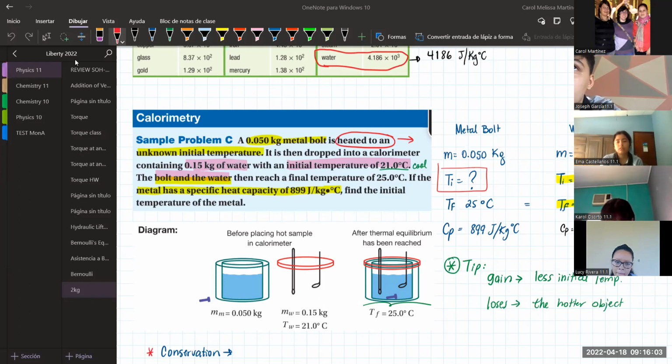What does it mean if it increases? That means that the metal bolt was really hot, that it had to increase the temperature of the water. That is an analysis that you can do. Because my final temperature is greater than the initial temperature, this one is the one that gains.